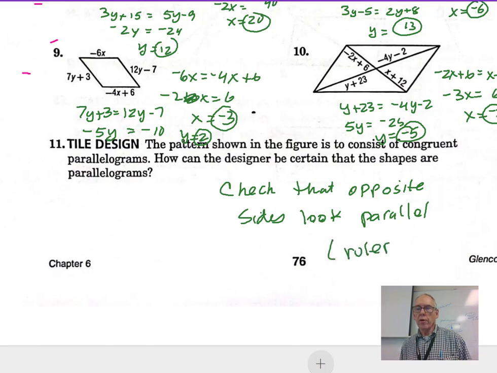So I could theoretically take a ruler, match it here, and then slide it down here, slide it up there, and then you could do the same thing from this other side. We're going to ruler down through here like this, and then slide it sideways, and see that they all look like they're at the same angle. Same angle, same slope. So we really want to check the slope.